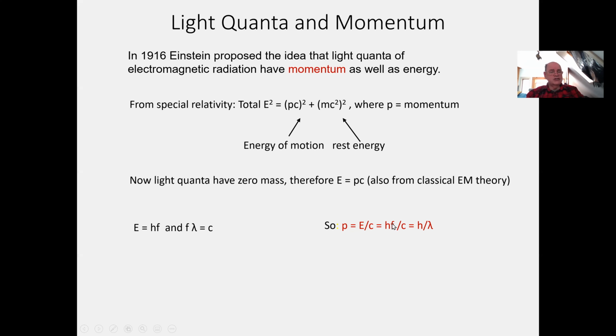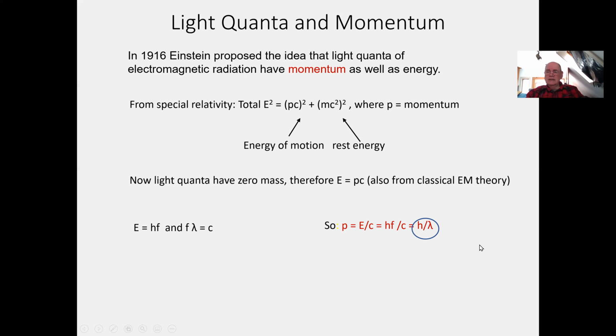But what is f over c? Well, come over here. f over c is 1 over lambda, right? So lambda goes down the bottom. So the momentum of a photon, according to Einstein, would be h over its wavelength. This will become a very important formula for us.